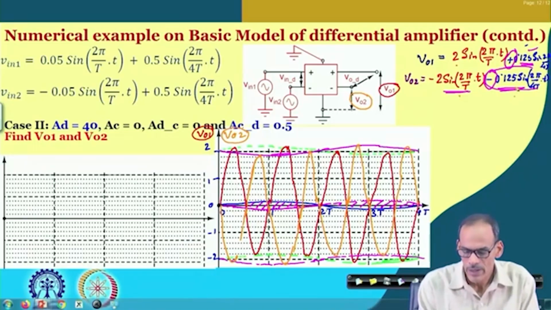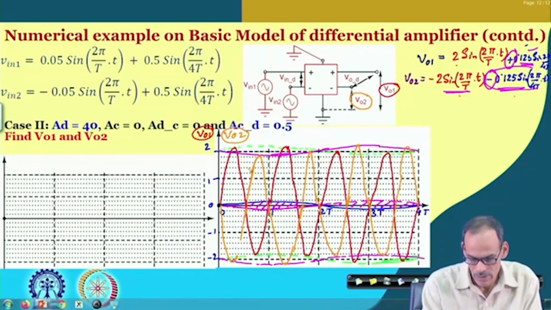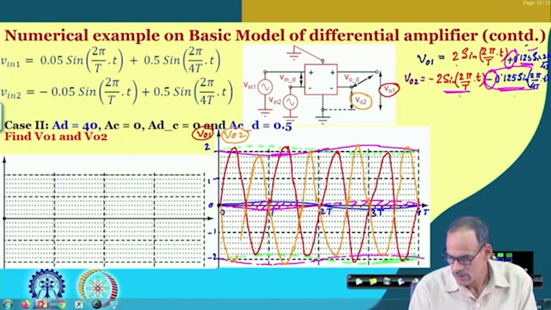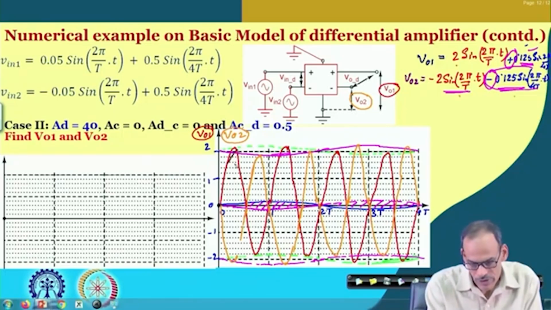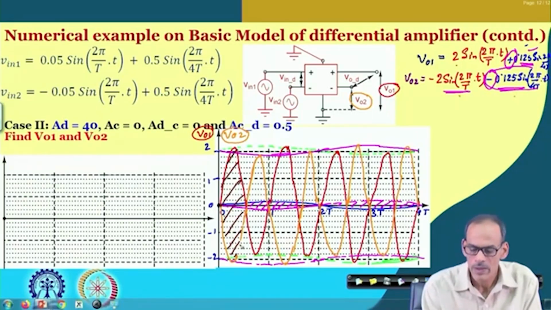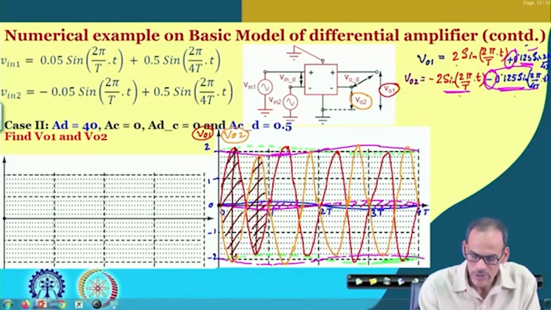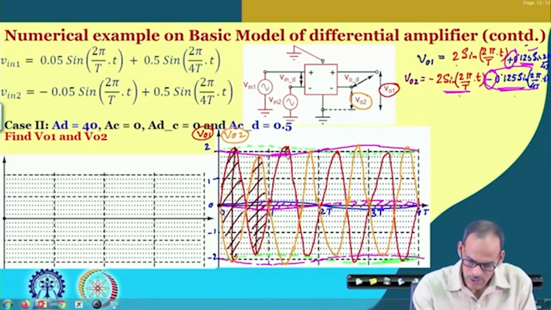Namely, if I take the difference of these two signals, you can see that the amplitude at this point and the amplitude at this point are different. Same thing here also: the amplitude here is more like this, and the amplitude here is different.